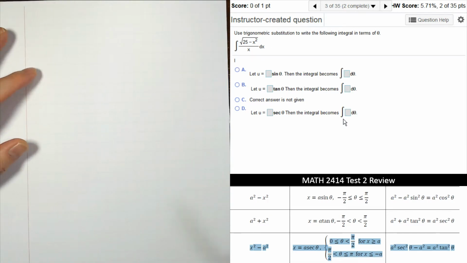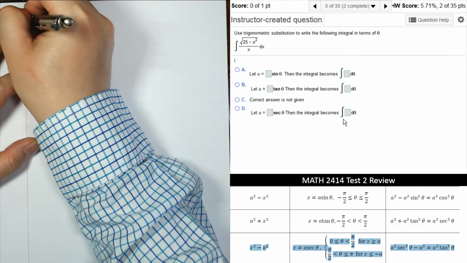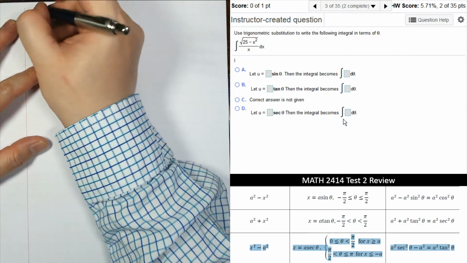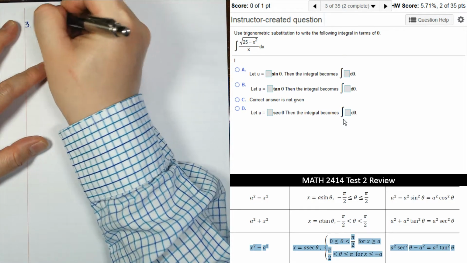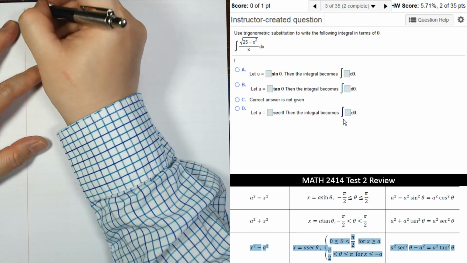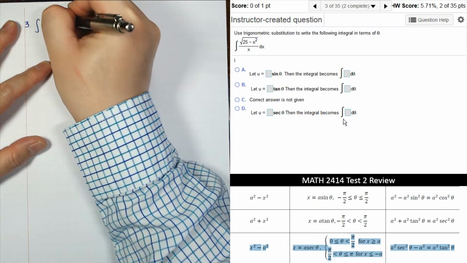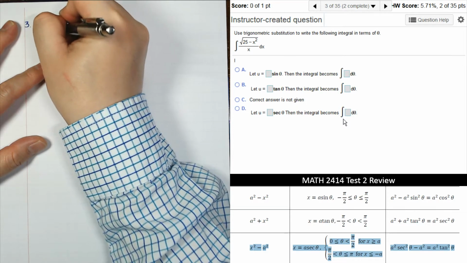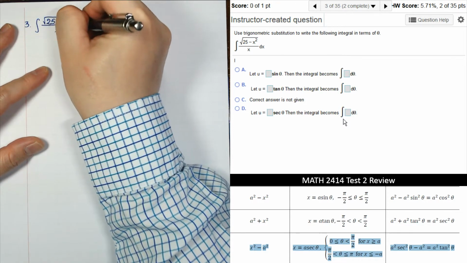Right, still same thing. We have the integral of the square root of 25 minus x squared over x times dx.